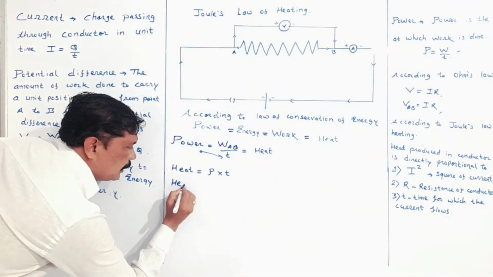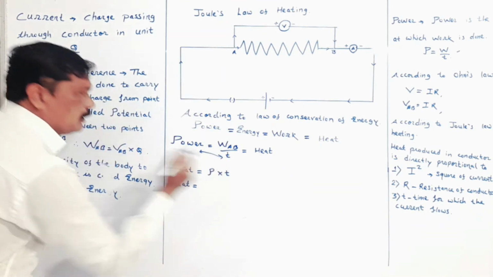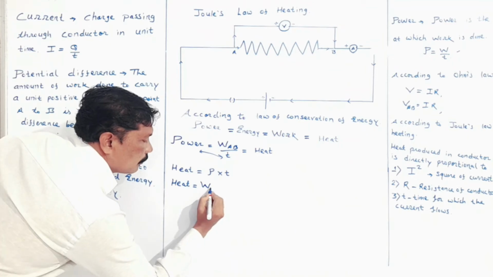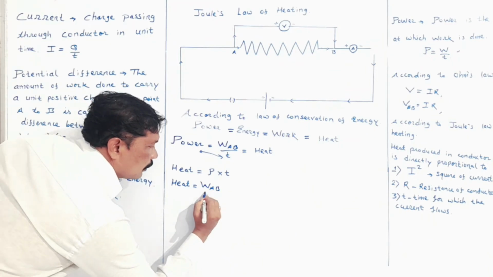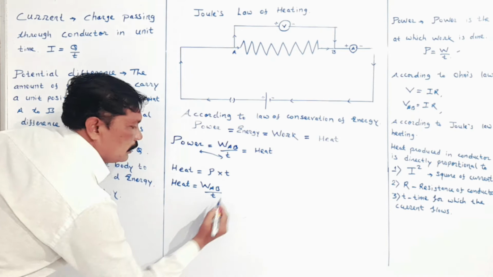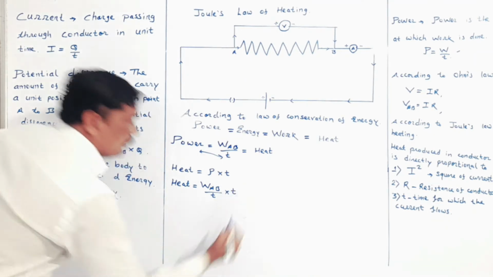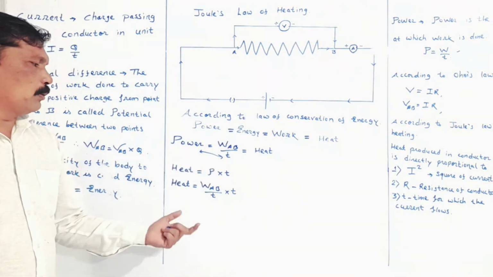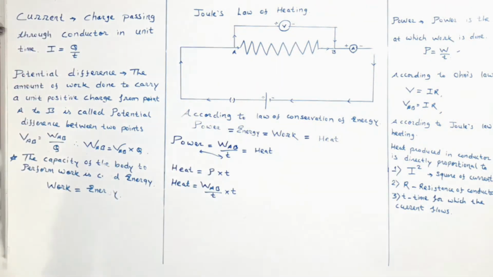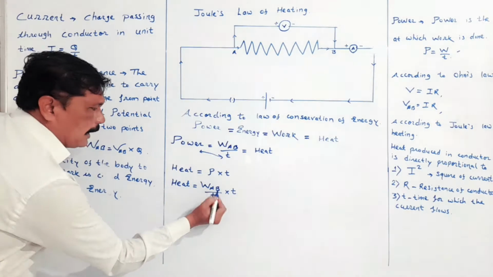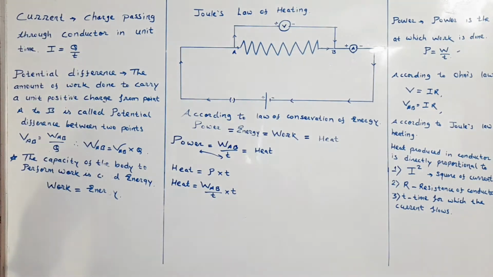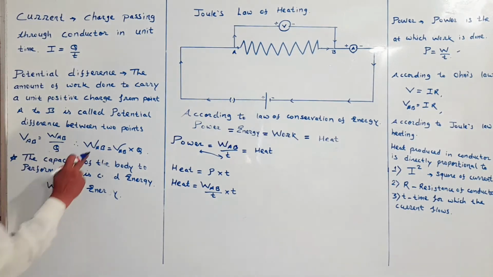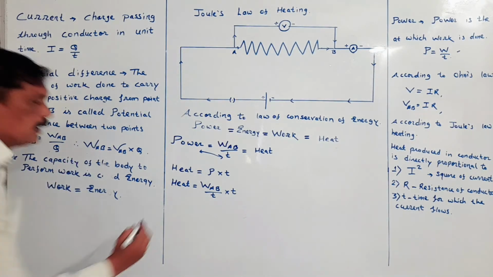So we can write heat is equal to VAB upon T into T. We have just substituted the formula of power in the equation. But here we have got work WAB, and we have also derived the formula for work, so we will put it in the next step.